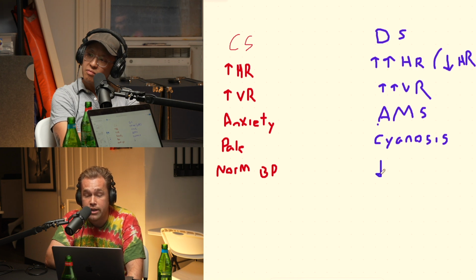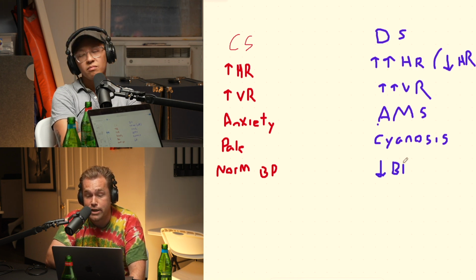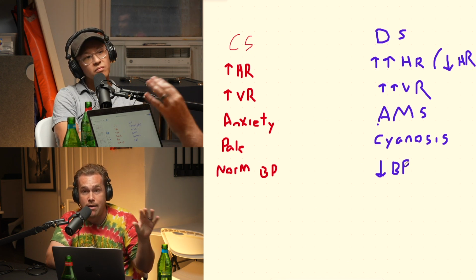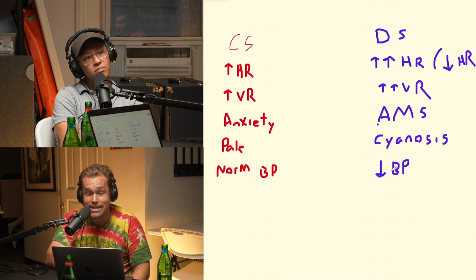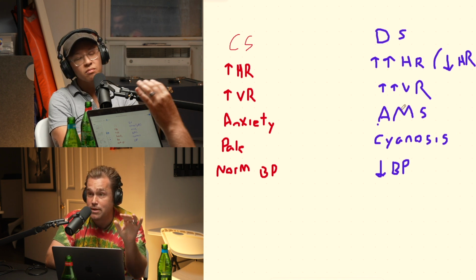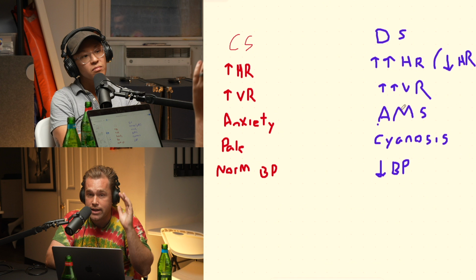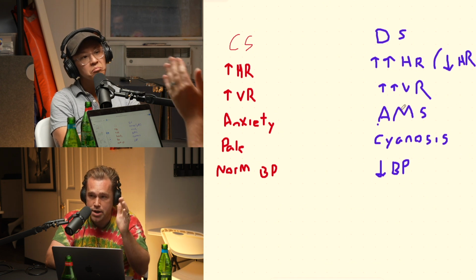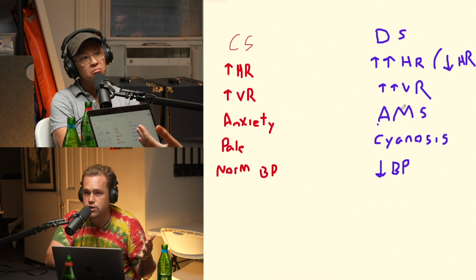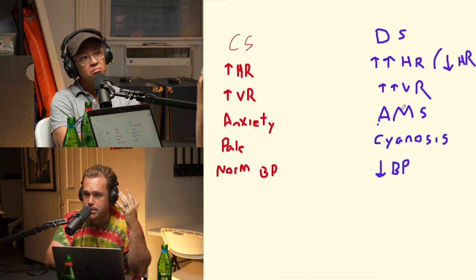And then one thing you'll see, and I pretty much say that the two major things I think about when deciding whether or not someone is compensated or decompensated is blood pressure and mental status. Mental status being something we get in the primary assessment. I like to say someone's mentation is a window into their overall condition. So when we're talking to a patient and they're confused, we know the brain's being affected.